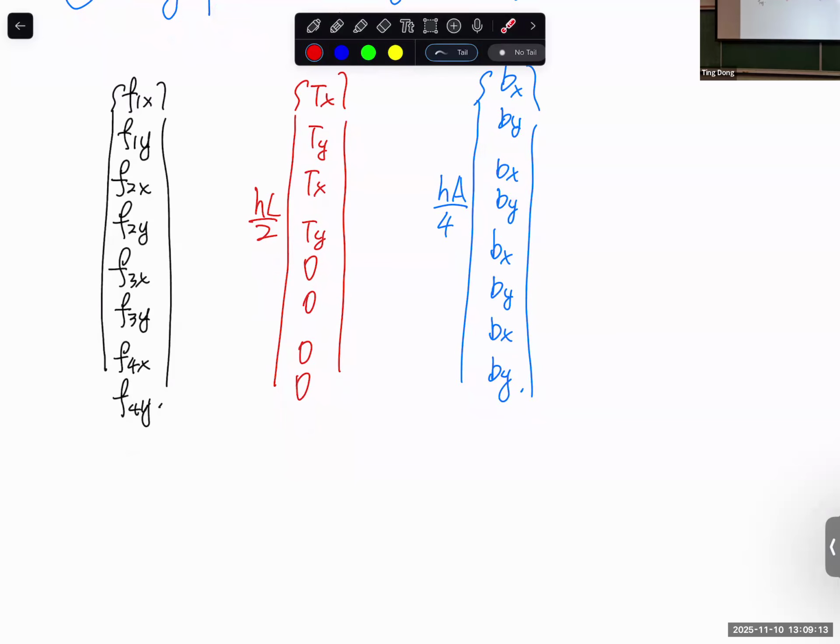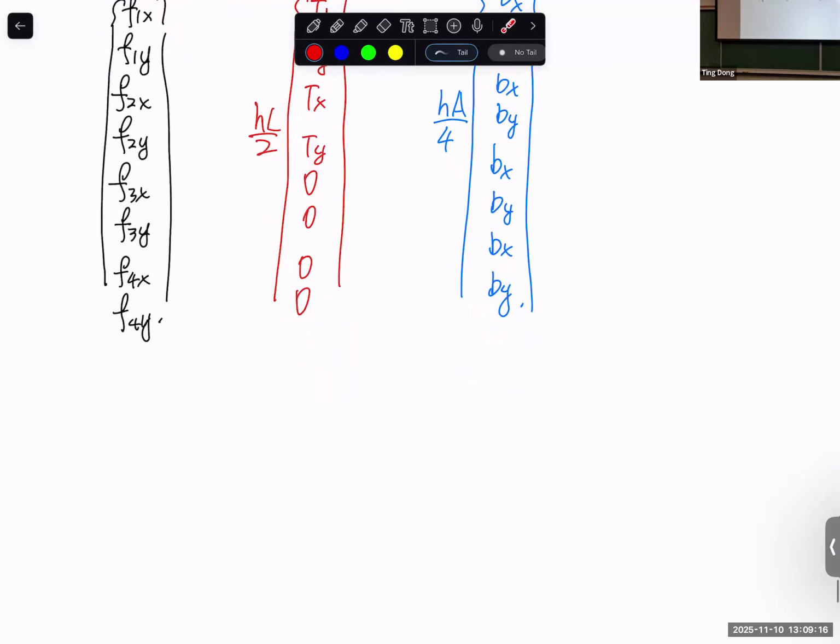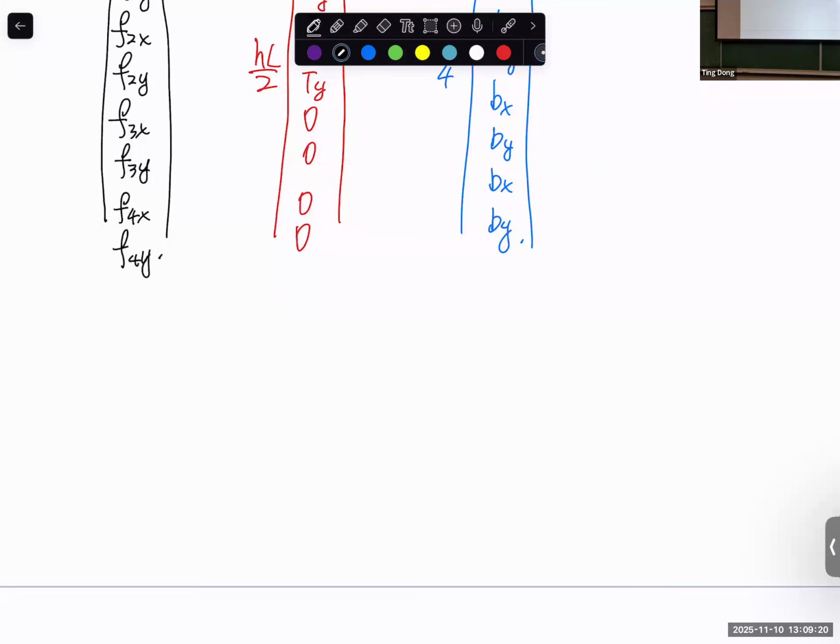If no question, let's do an example problem. Actually, let's use the same example problem as the CST element, but now we just use one single square element to model the structure.